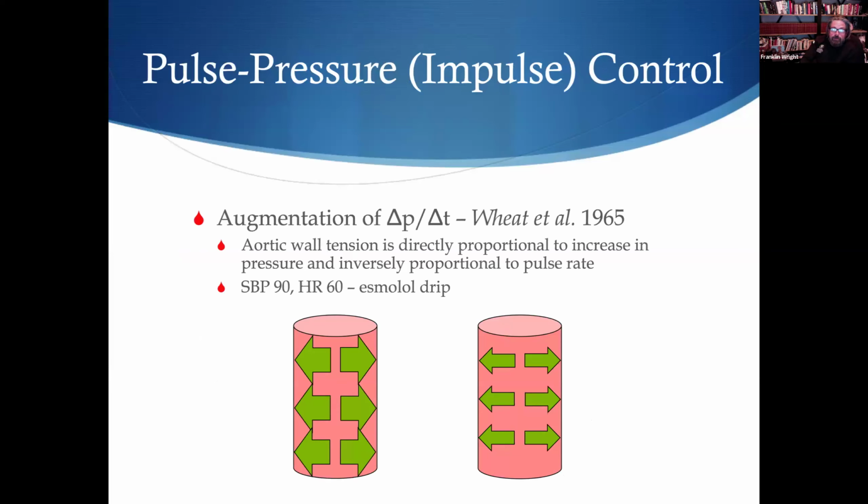And the big way we do that is pulse pressure or impulse control. We know that the tension on the aortic wall is directly proportional to the blood pressure and the pulse rate. So the faster the heart is beating, with every pulse in the aorta, the more pressure we're putting on the aorta, and for obvious reasons, the higher the blood pressure, the more pressure on the aorta.